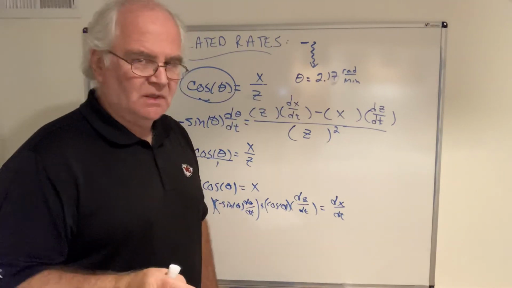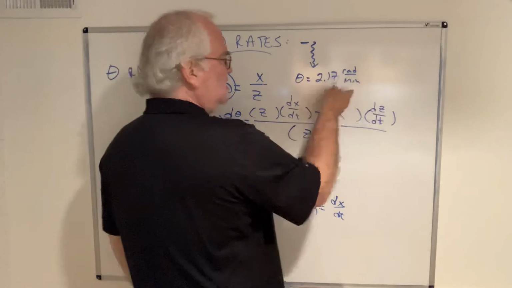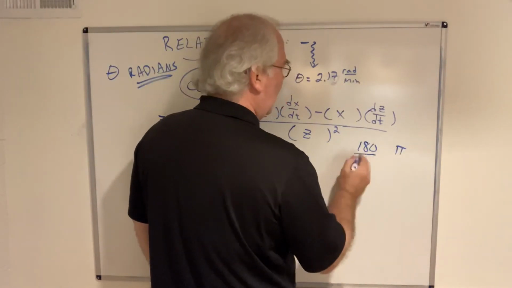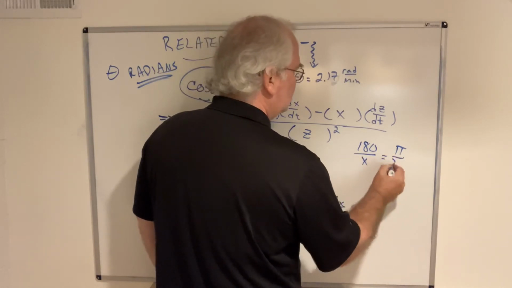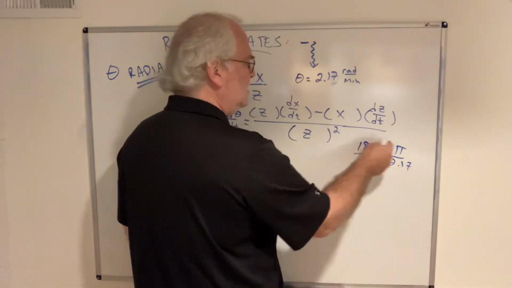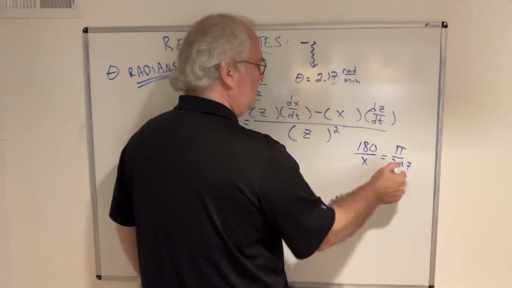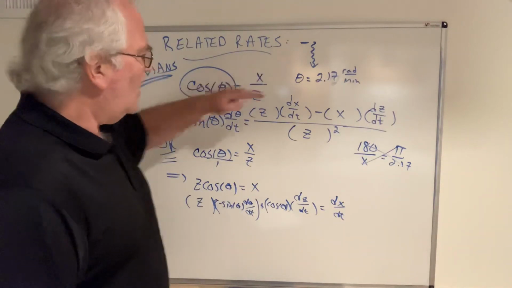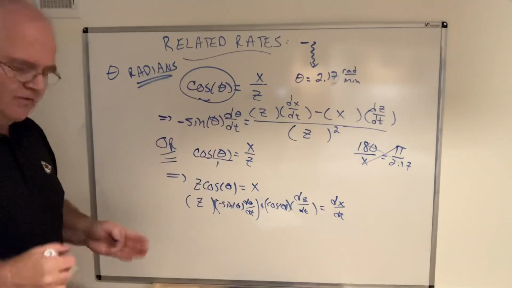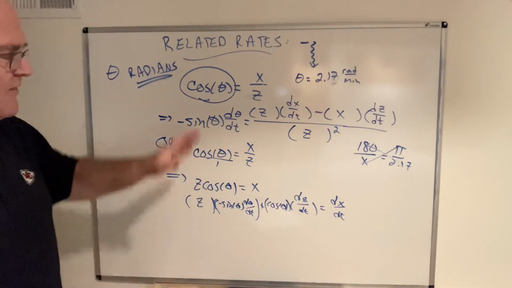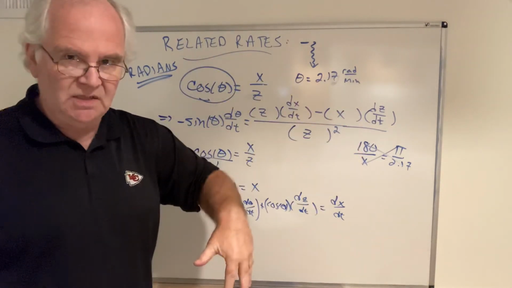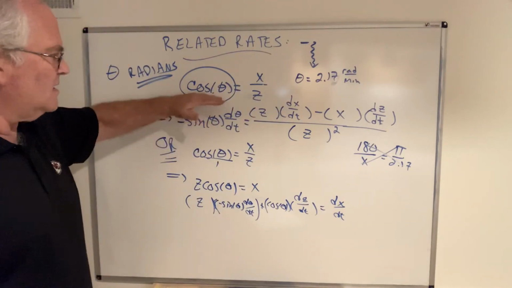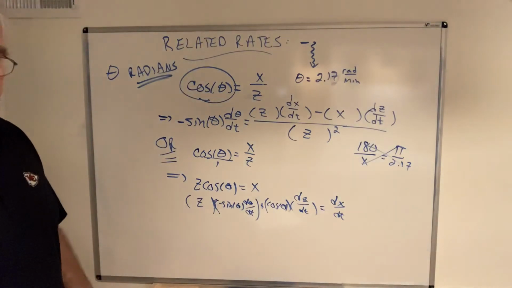After you get your final result, you may, if you wish, convert this back to degrees, because we know 180 is to pi as so many degrees is to 2.17, cross multiplying. You can convert back to degrees anytime you want. But all the work that we do with this calculus, theta needs to be measured in radians. If it's given in revolutions, convert to radians. Everything needs to be done in radians when we do the calculus with the trigonometric functions.